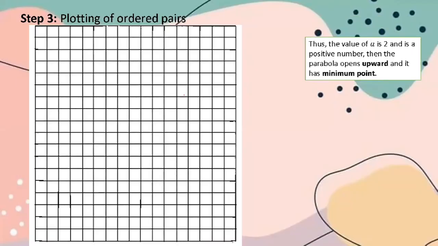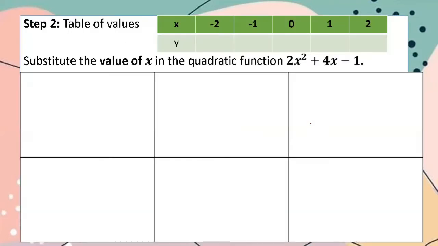So, vertex is negative 1 and negative 3. And then, opens upward. And then after that, we have two real solution. Ayan. So, ngayon, we'll proceed with the step 2, which is the table of values.